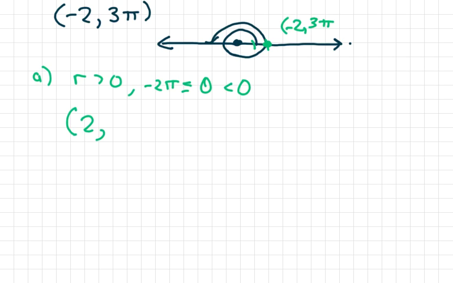So basically, I'm going to take my 3 pi and subtract 2 pi, which gives you pi, and that still doesn't satisfy this. So I'm going to subtract 2 pi again, and I get negative pi. Still, negative pi is not in between negative 2 pi and 0. So I'm going to subtract pi again, and I get negative 2 pi. So it's going to be negative 2 pi.